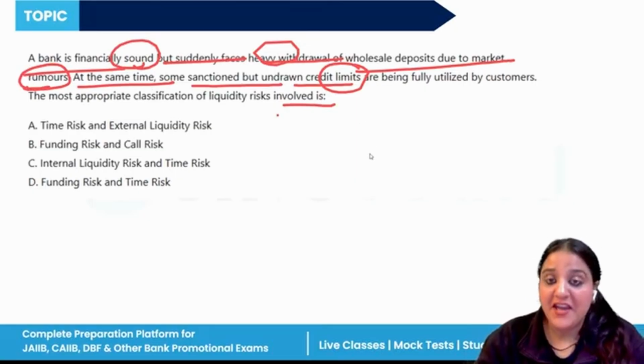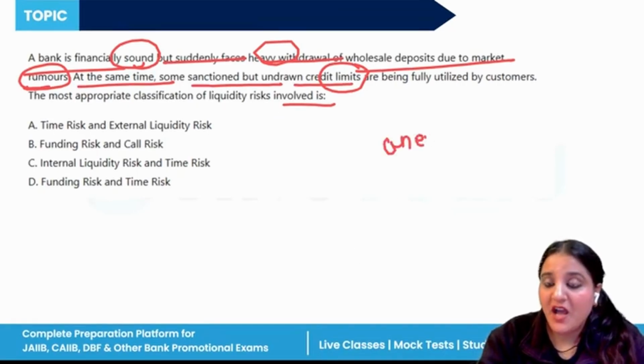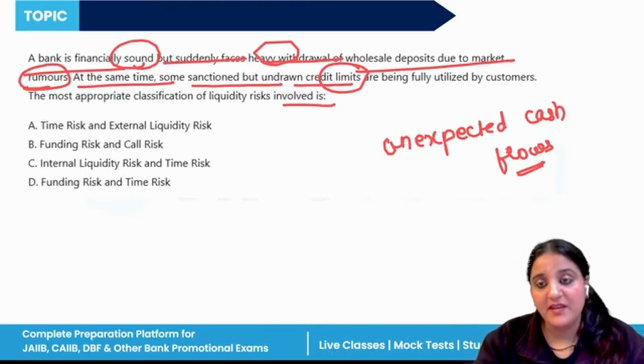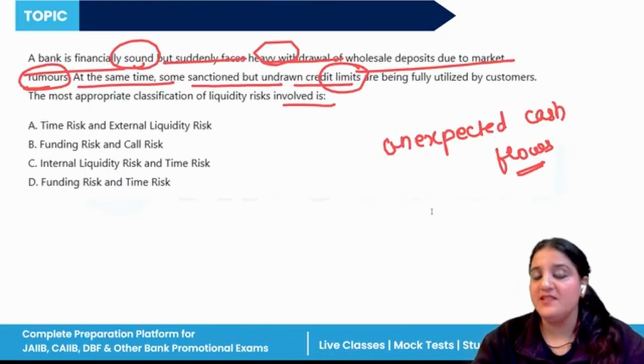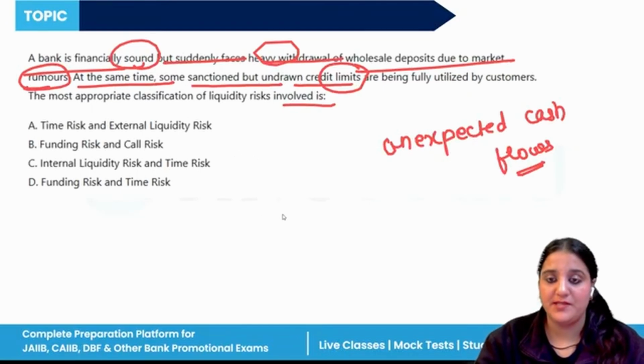So here, heavy withdrawal of wholesale deposits creates unexpected cash outflows, right? This is funding risk, because the bank must replace these net outflows due to non-renewal or withdrawal of deposits.